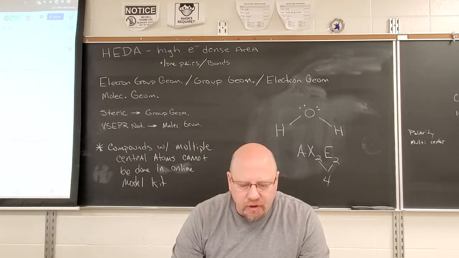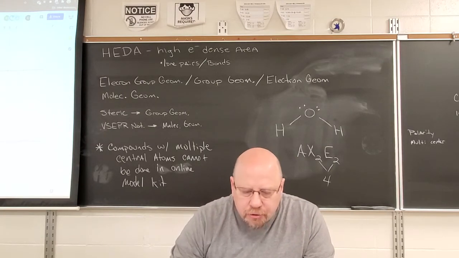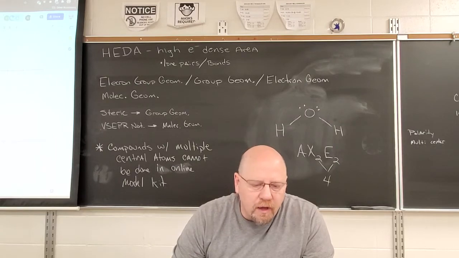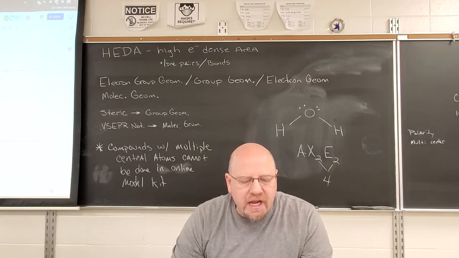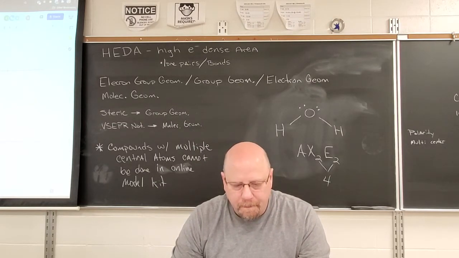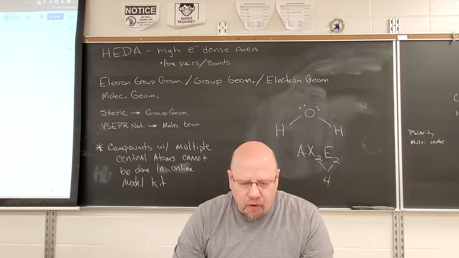So when you're doing these, you're going to include a VSEPR notation, shape, all that stuff for each atom that can be considered a central. When you get to the point where you're doing those, I can help you out with that.